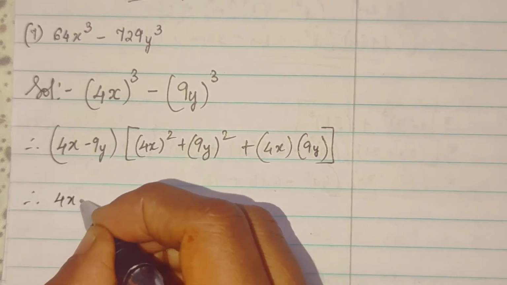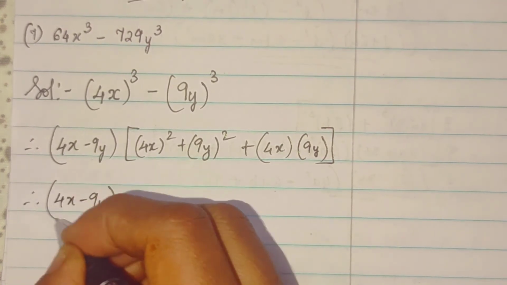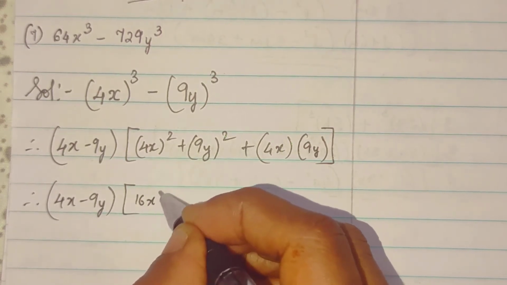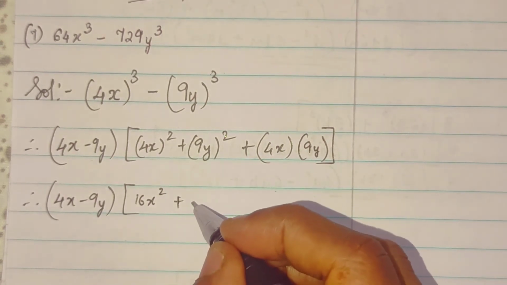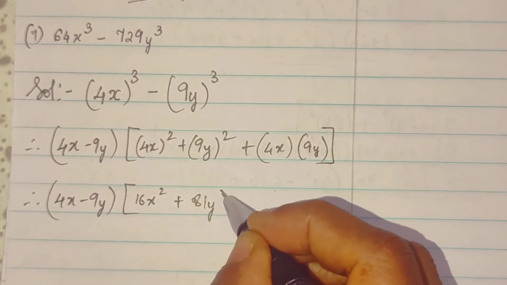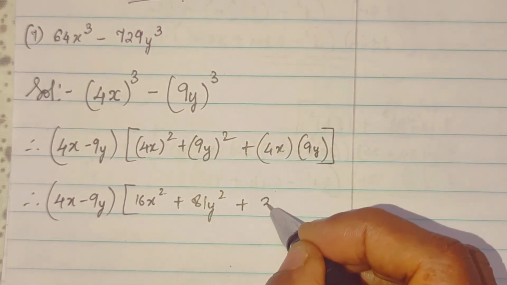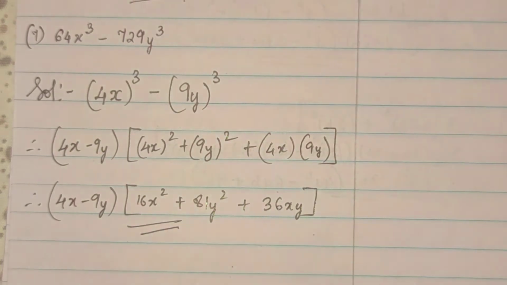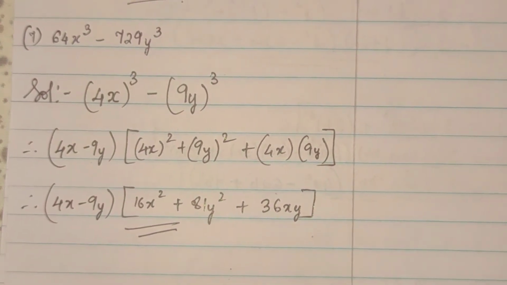So 4x minus 9y, 4 4s are 16, x square plus 9 9s are 81, y square plus 4 9s are 36, xy. This is the required answer.